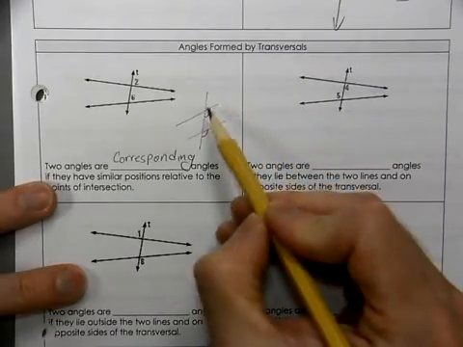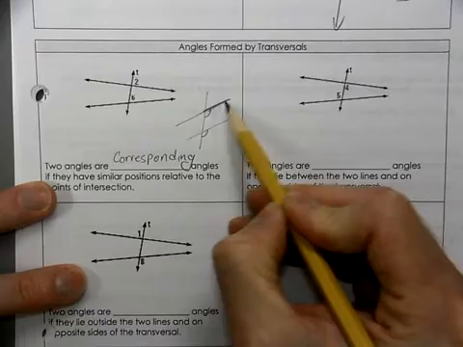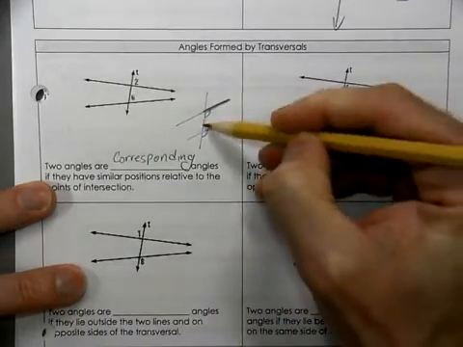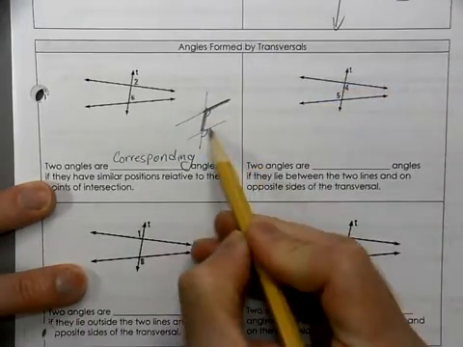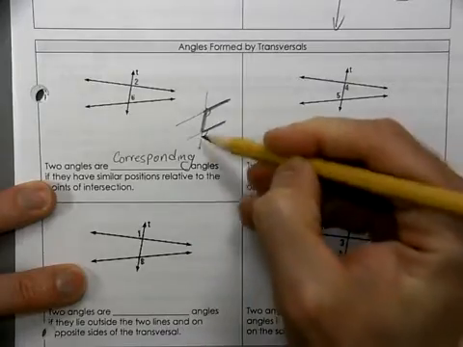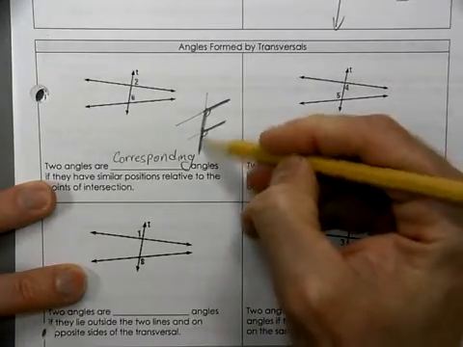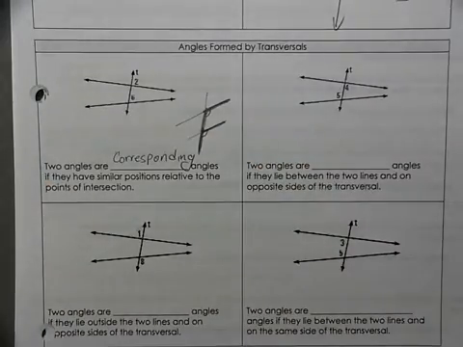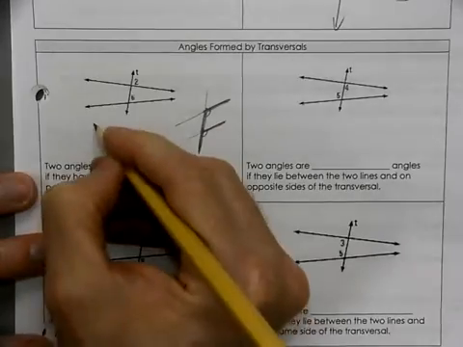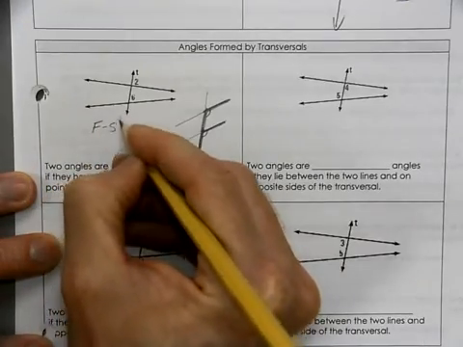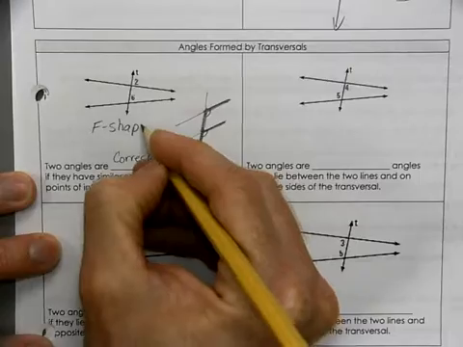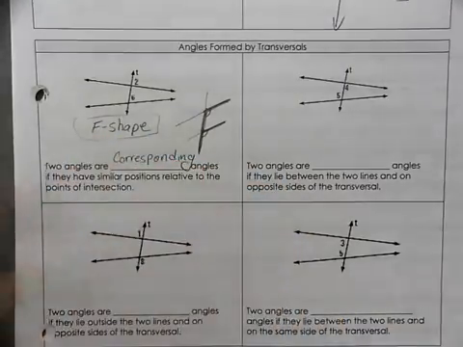If you were to trace out these two angles, what shape does that make? Or what letter does that make? It makes an F shape.